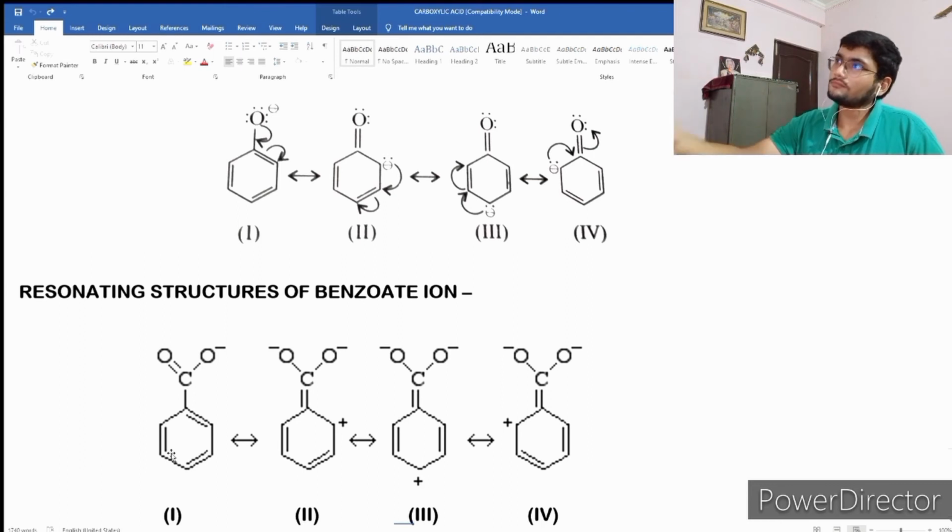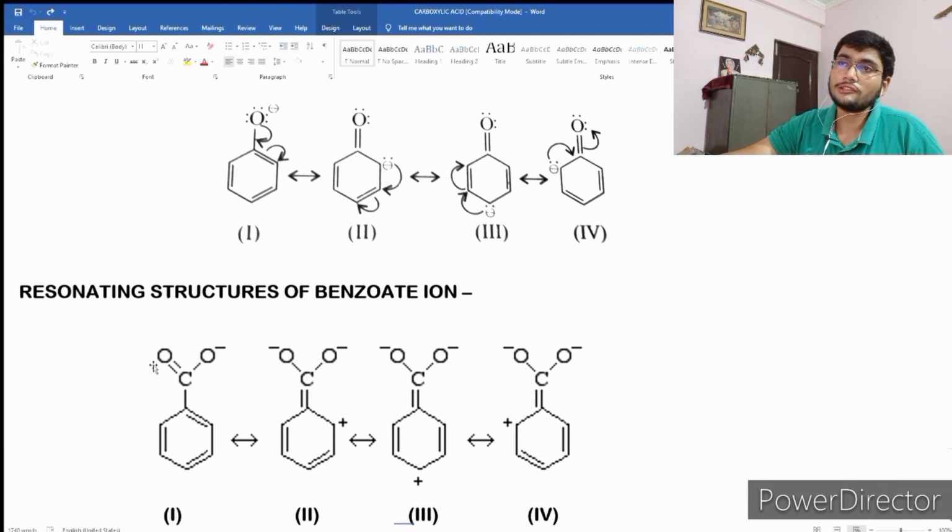Now if we want to check which is more stable, how can we do it? You see that in the carboxylate ion, here is the structure, and this minus charge is in resonance, because the carboxylate ion is in resonance, as I have taught you earlier.